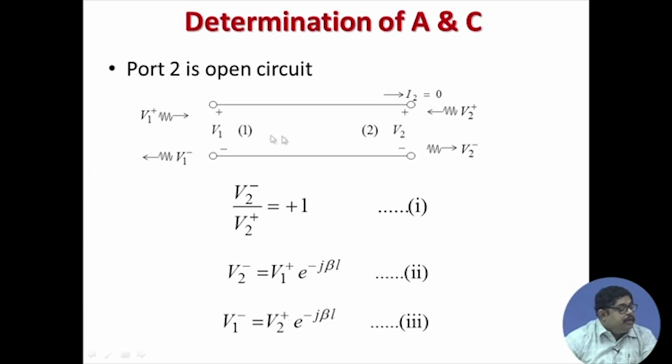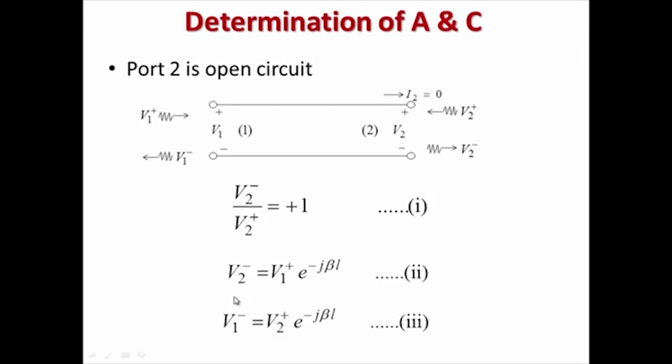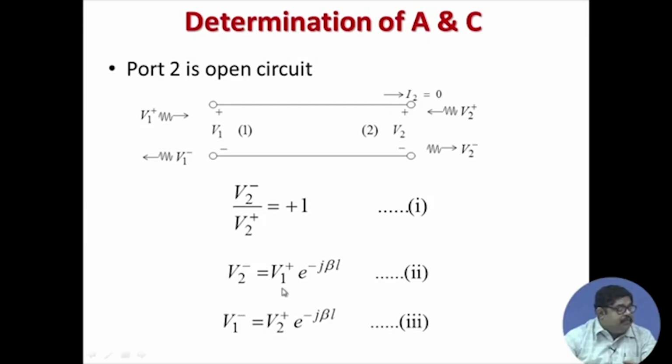This is this wave. How did that wave come? This V1 plus wave has been transmitted through this transmission line by a distance L. So, V2 minus is related to V1 plus by this propagation relation, e to the power minus j beta L, because any wave when it moves by a distance L acquires an added phase of minus j beta L. So, that is why this second relation.